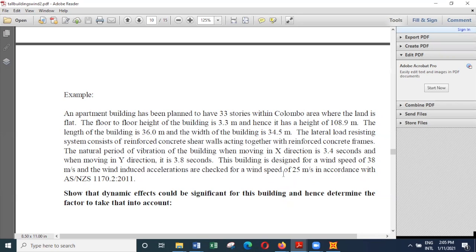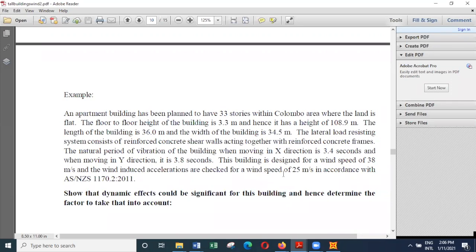We check them for slightly lower wind speeds that can occur with a return period of about 1 to 2 years, whereas when designing, we use a 50-year return period for ultimate limit state.